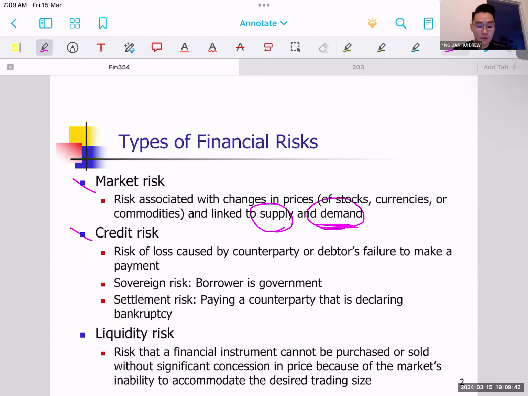Of course, in the more conventional aspect, it's more corporate issuance. Like a stock, the company is issuing the stock to the market, and the company might go bankrupt. And if they do, then that is a credit risk situation, and there can be loss associated with it.